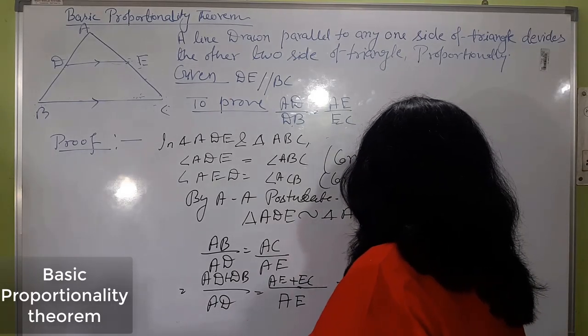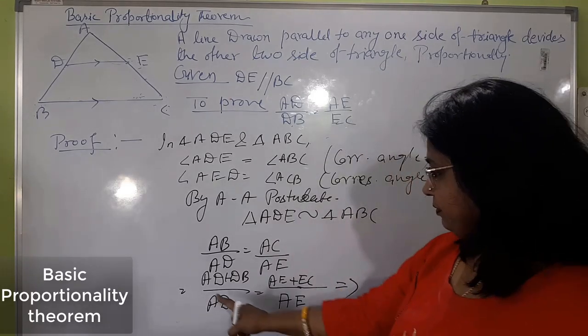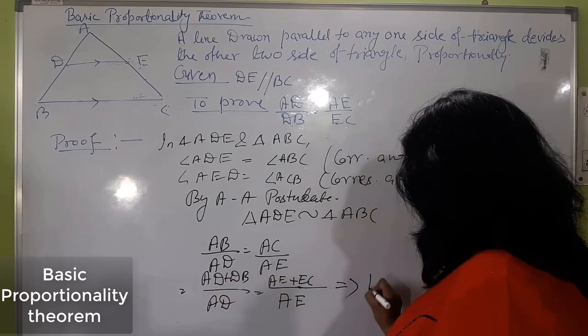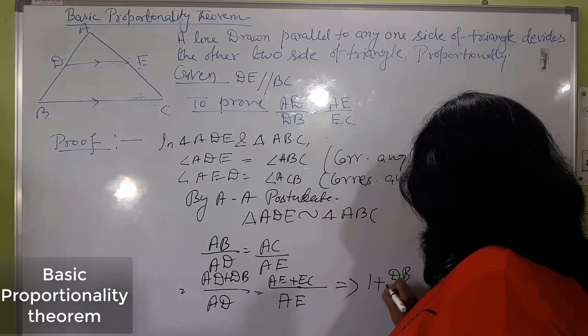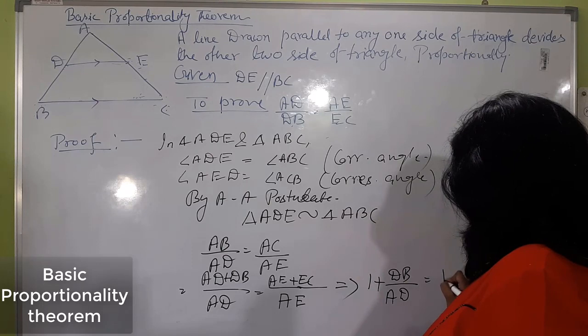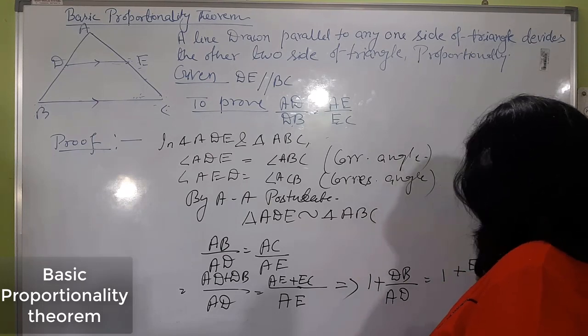This implies we can write 1 plus DB by AD is equal to 1 plus EC by AE.